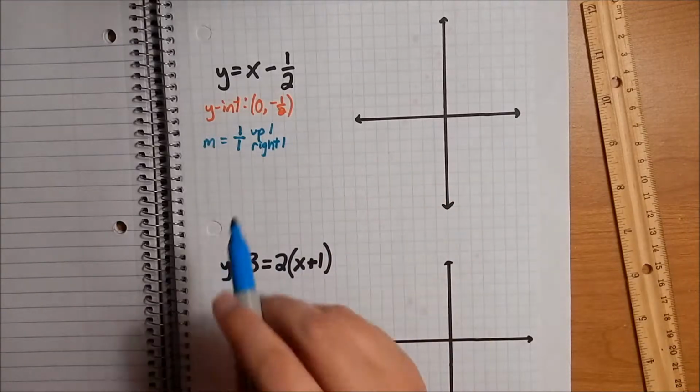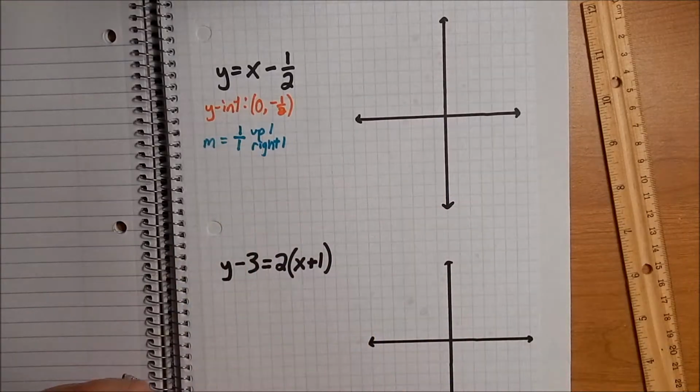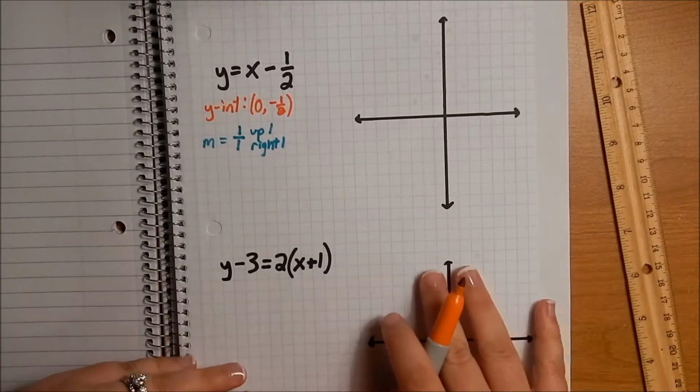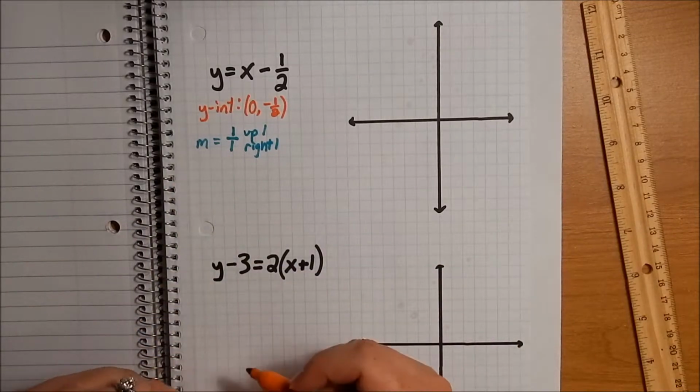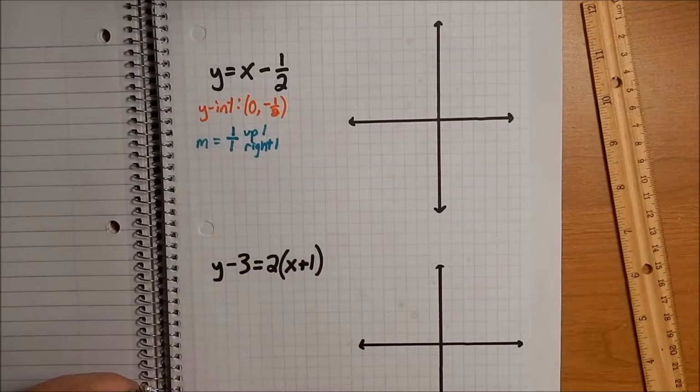Often we get in the habit of just saying up 1, over 1, but you want to understand that over means to the right, if that's what we say. So I try and say up 1 to the right 1, but sometimes we just get in the habit of saying over, but over could mean to the left or the right, but just try and keep it in your head that we do mean to the right, unless that were a negative number, and in that case we go to the left.